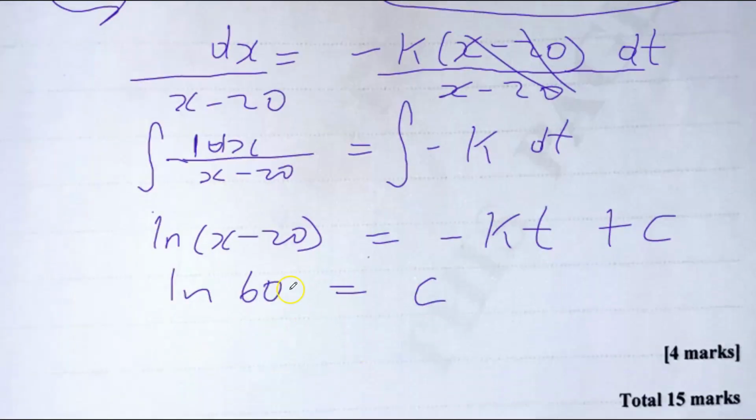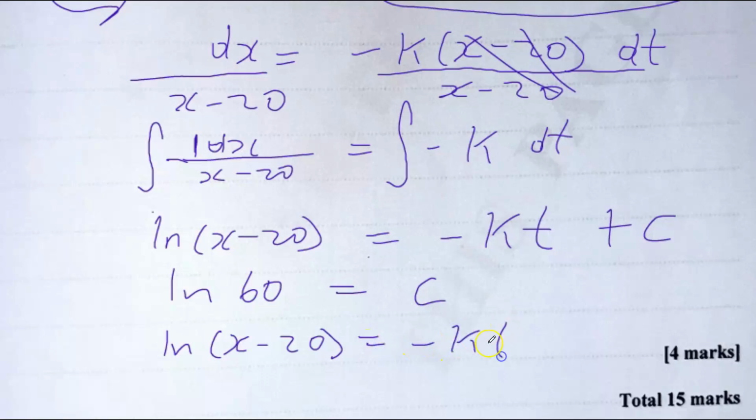So what we have is ln of x minus 20 equal to negative kt plus ln 60.